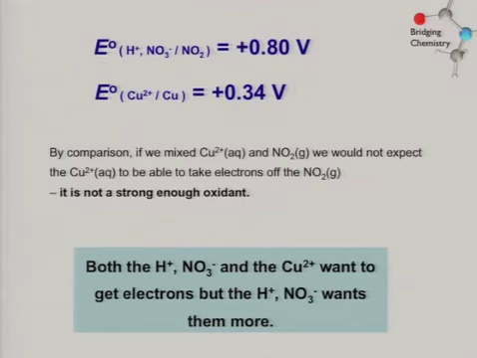And there's another number that quantifies how much it wants to do that. But the numbers tell us that the H plus and the NO3 minus want to get electrons more than the copper 2 plus does. So it's the better oxidant. And so it's the thing that will get electrons when you do the chemical reaction.